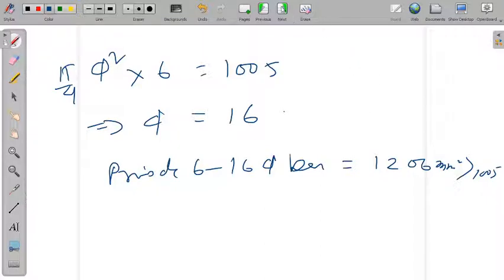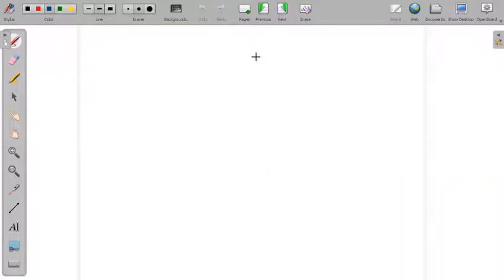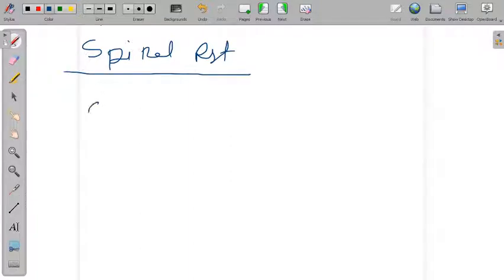Now we have to provide the spiral reinforcement. To provide the spiral reinforcement, I need the core area, so I have to decide the clear cover. Let us write a heading, spiral reinforcement. First you assume the clear cover. It was said that 40 mm or bar diameter, whichever is larger.